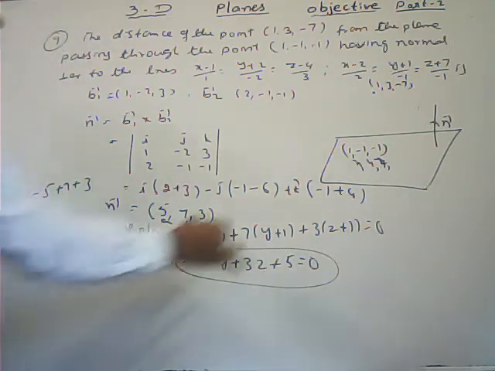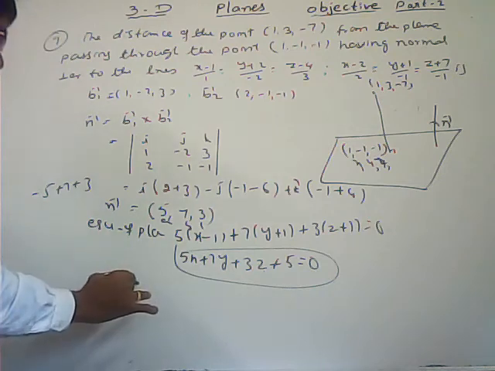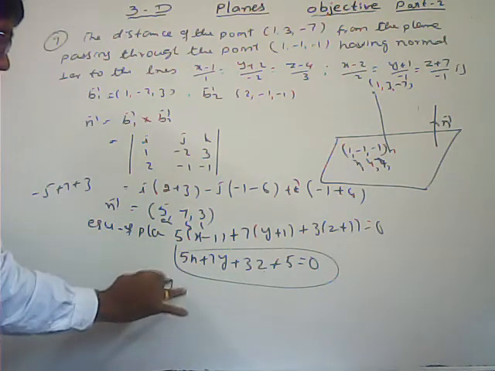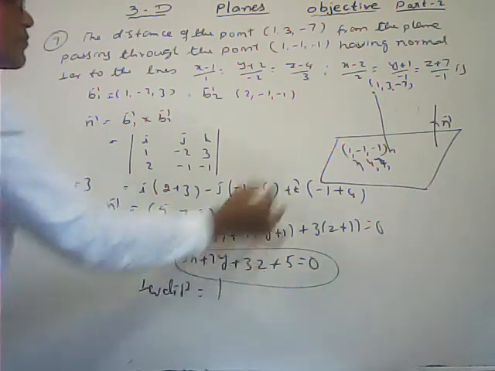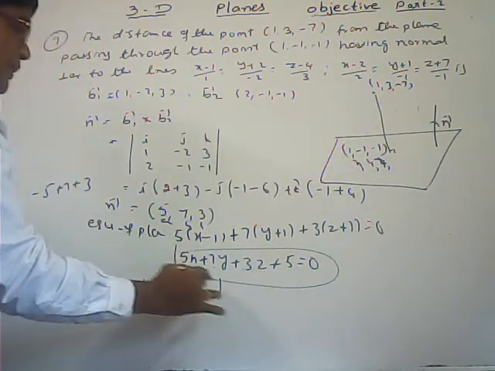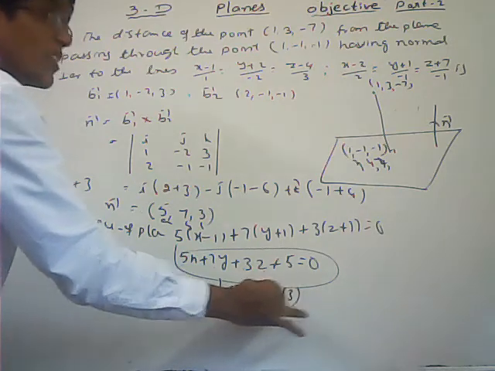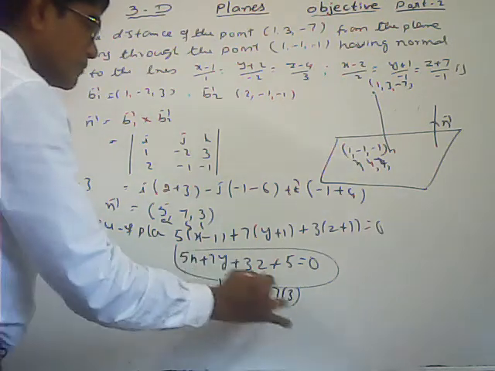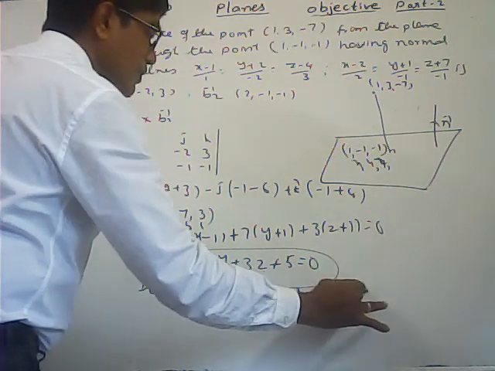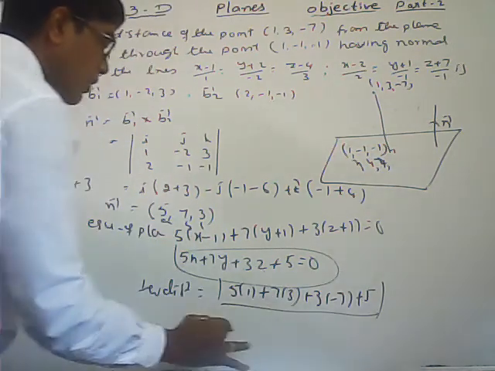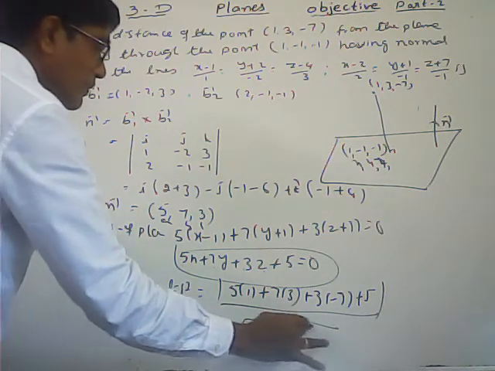Now we want the perpendicular distance from that point to this plane. The modulus of the perpendicular distance: with x1, y1, z1, it is modulus of ax1 plus by1 plus cz1 plus d by root of 5 square plus 7 square plus 3 square.